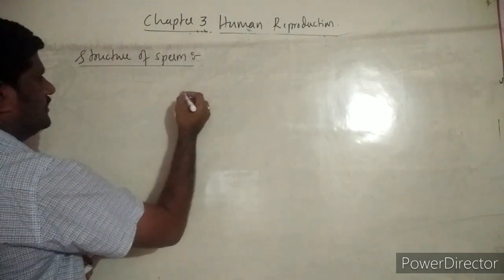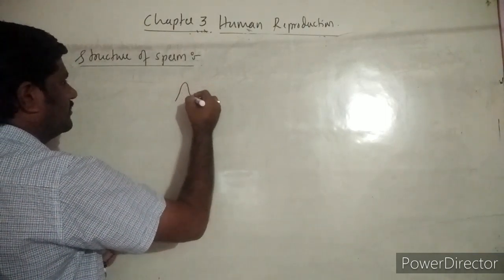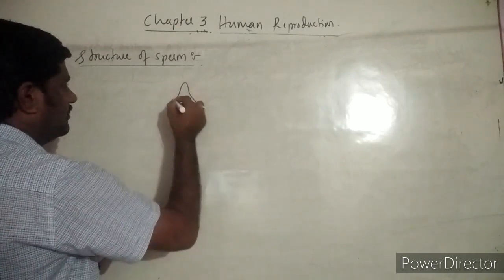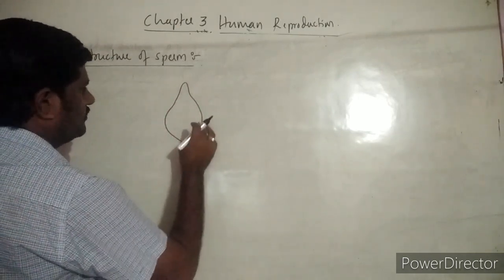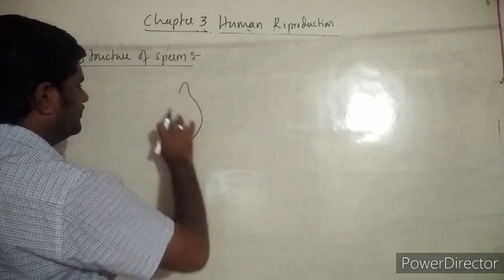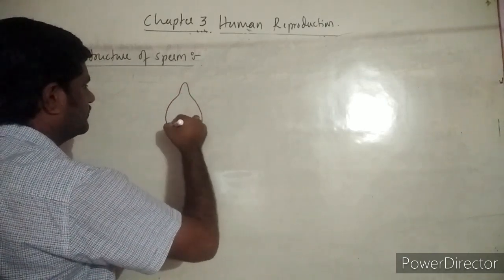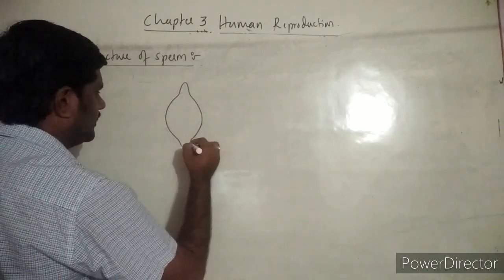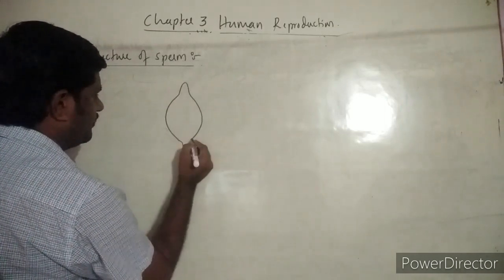See here the head part. This is how the head portion is present. And this is the narrow neck portion that we come across over here.